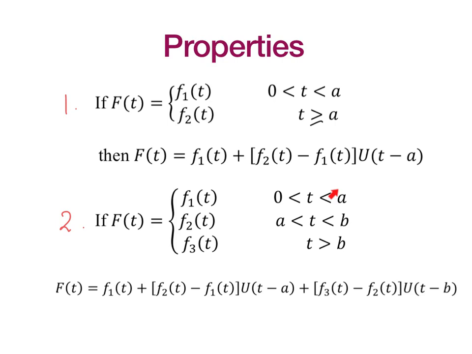These two intervals' common value is a. With that we define the unit step function, multiplied with this difference. Next we take the difference between two functions, f3 minus f2. Then we observe the common value in these two intervals, that is b. So with that value you define the unit step function u of t minus b. So this can be expressed in terms of unit step function.